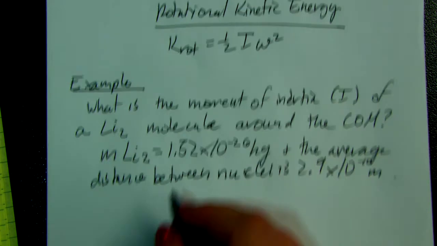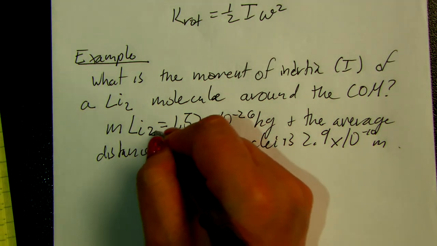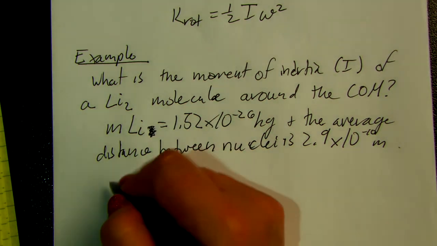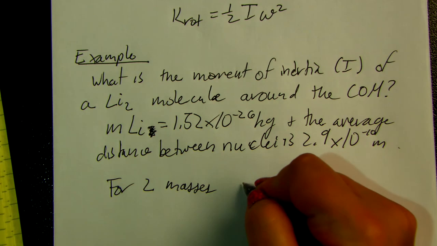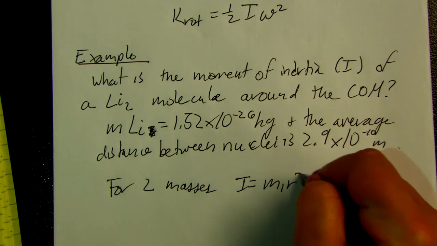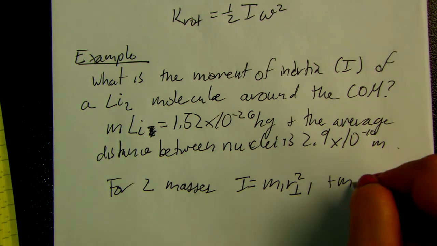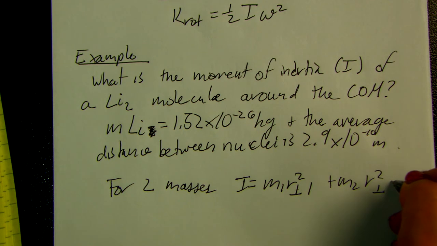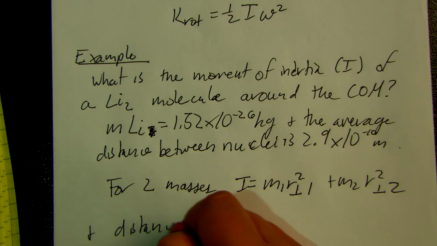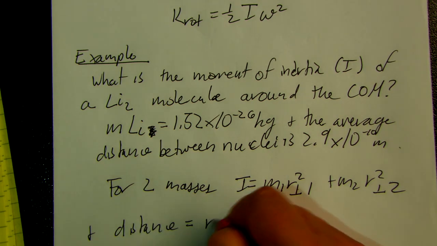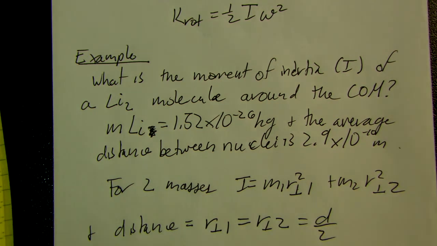Okay, so for two masses, that would be the mass of a single lithium atom. So for two masses, I is equal to m1 r perpendicular 1 squared plus m2 r perpendicular 2 squared. And the distance r perpendicular 1 is equal to r perpendicular 2 is equal to d over 2.